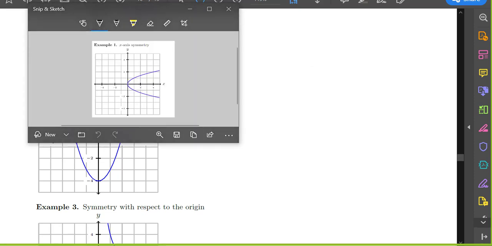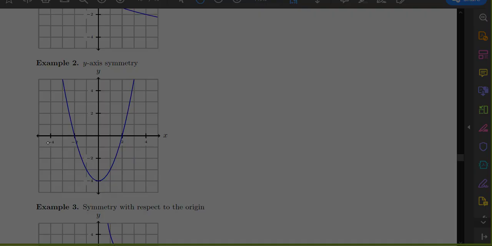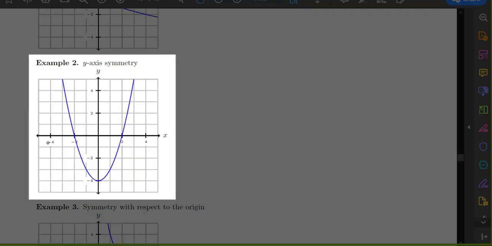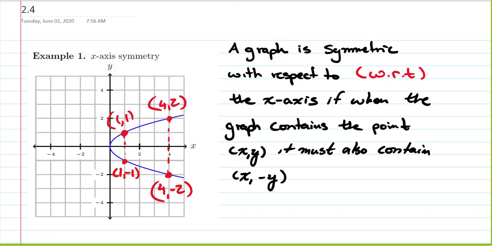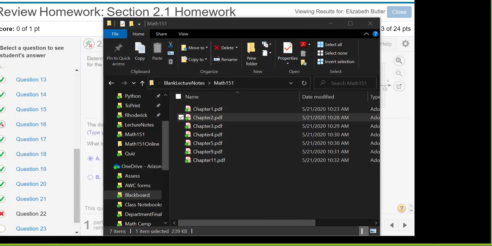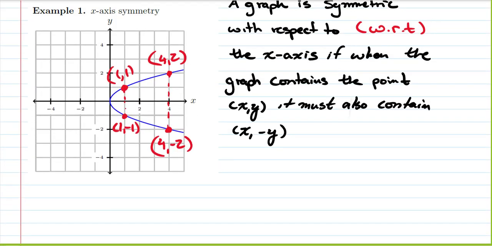Well, let's grab our next one, which is also going to be, like in the previous example, of mirror symmetry.